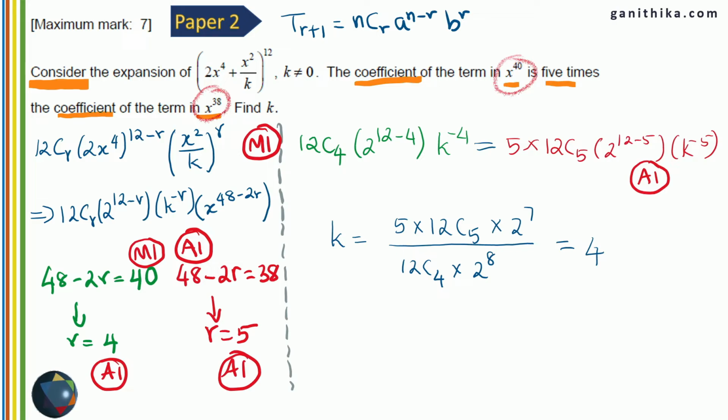The coefficient should be correctly written here, and finally the answer for k will give you one A1 mark. So all these things are the marks for this question, paper 2 for standard level, paper 1 for higher level.